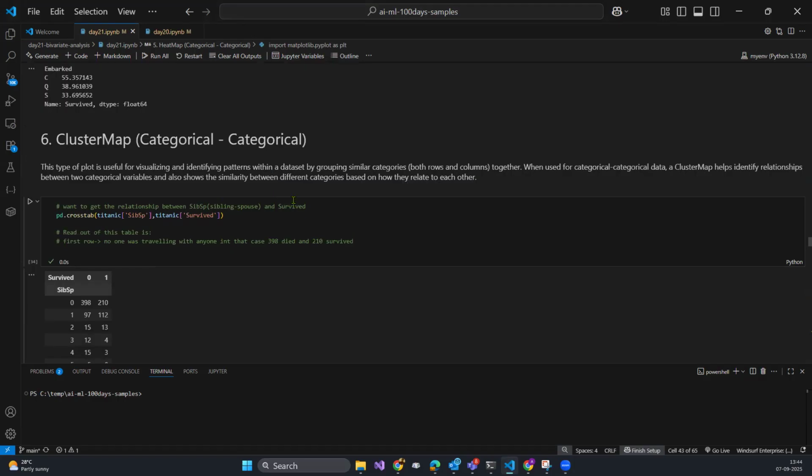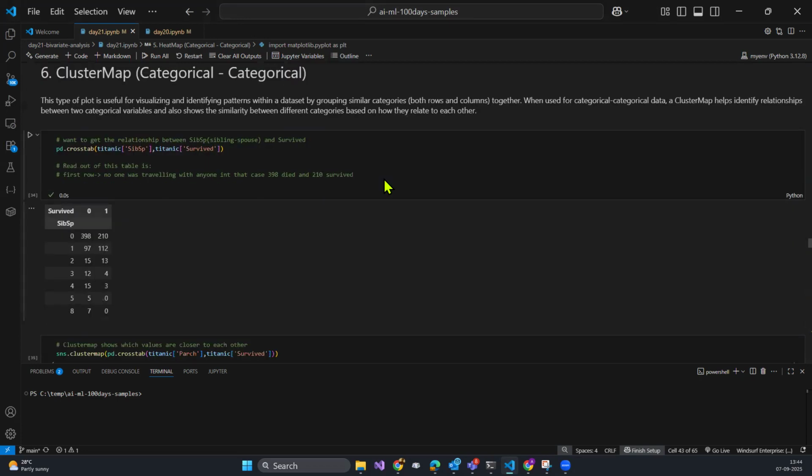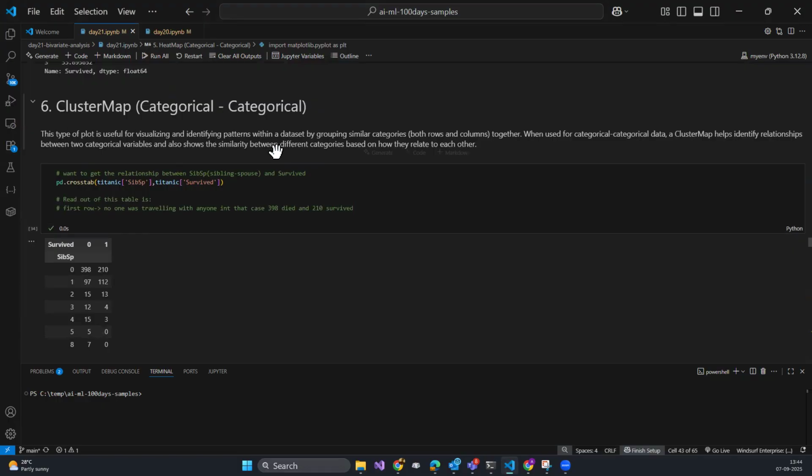Now, cluster map. For categorical data, there is one more visualization technique which we can use, and this is the cluster map. This type of plot is useful for visualizing and identifying patterns within a dataset by grouping similar categories.